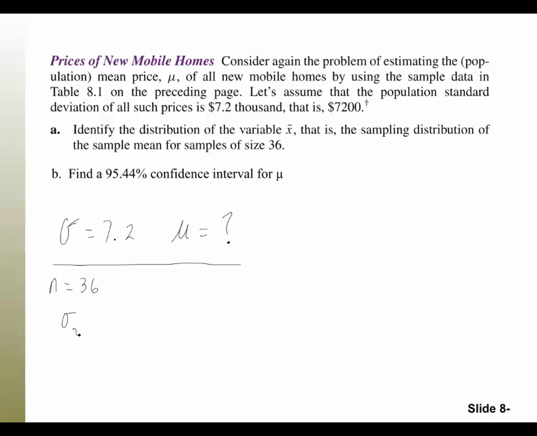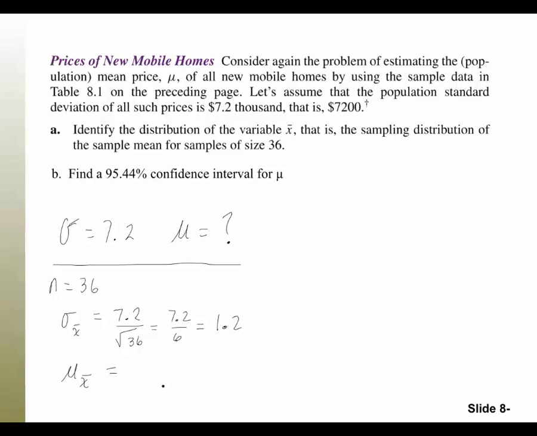Can we get a value for the standard deviation of the sampling distribution of samples of size 36? What would that be? That's right, it'd be 7.2 over the square root of 36, which is 7.2 over 6, and that is 1.2. What about the mean of means of samples of size 36?